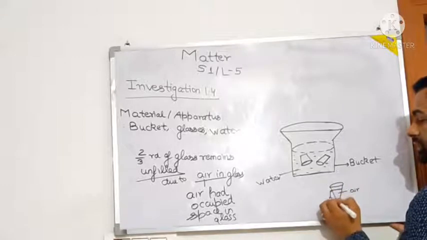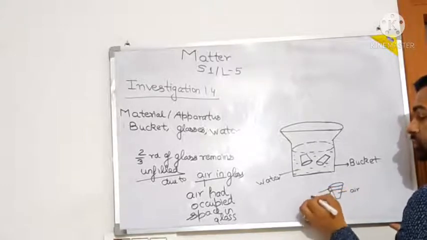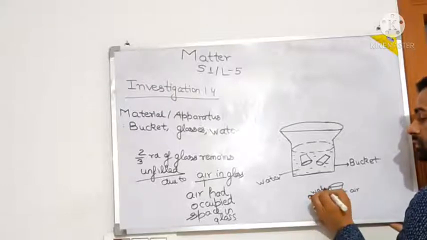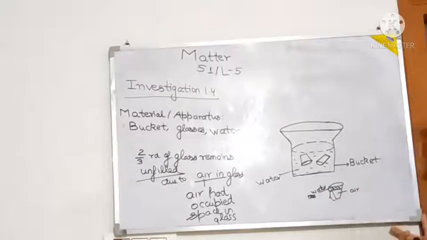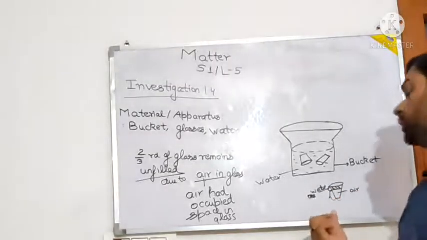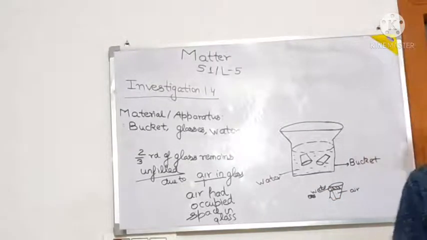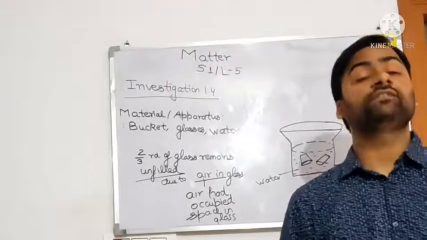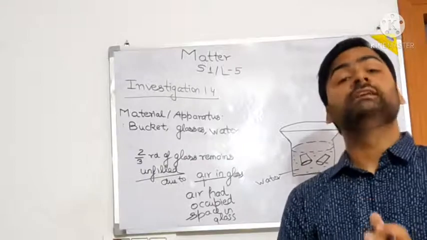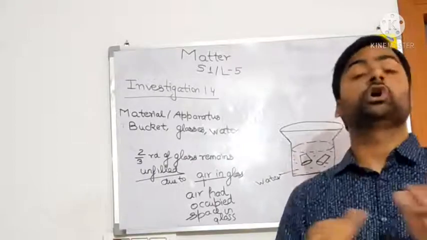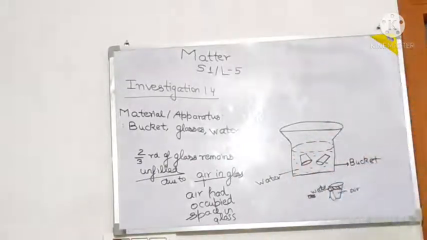So can I say this much only is empty? So water will occupy this portion only. The remaining portion in which air is there will not be taken up by the water, because already air is there. So the space occupied by air will not be filled by water.